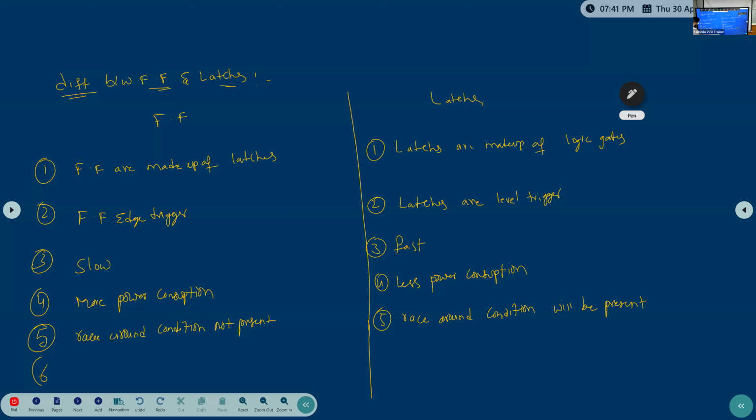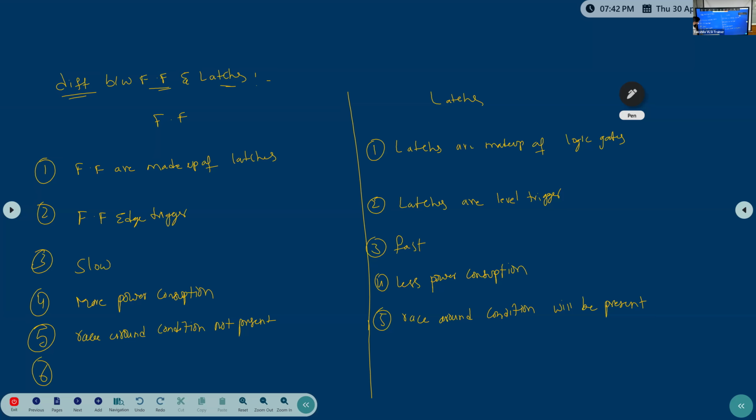Sixth point: flip-flop stores how many bits? Latch stores? Then why did we go to flip-flop? Both store the same bits, right? Then why did we go to flip-flop? Why do we need to use two latches? To eliminate race around condition, we went to flip-flop. Flip-flop and latch both store single bit data.